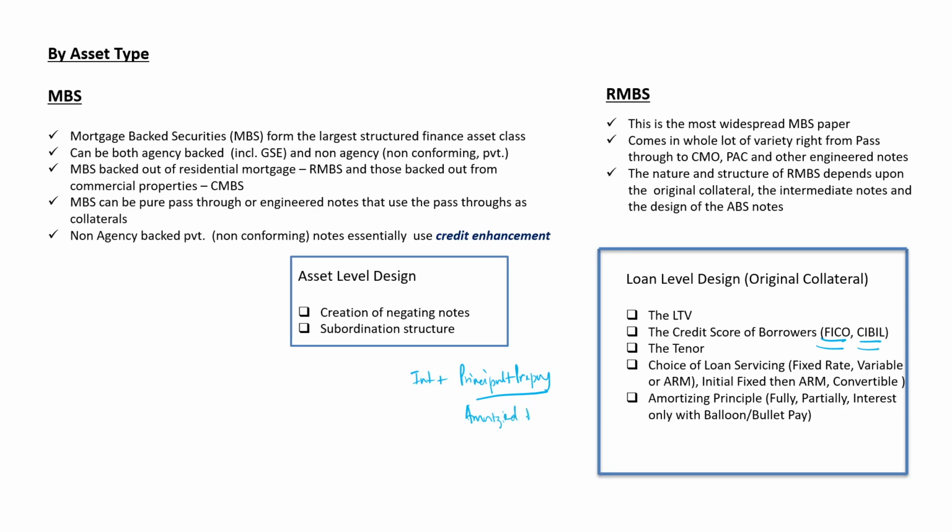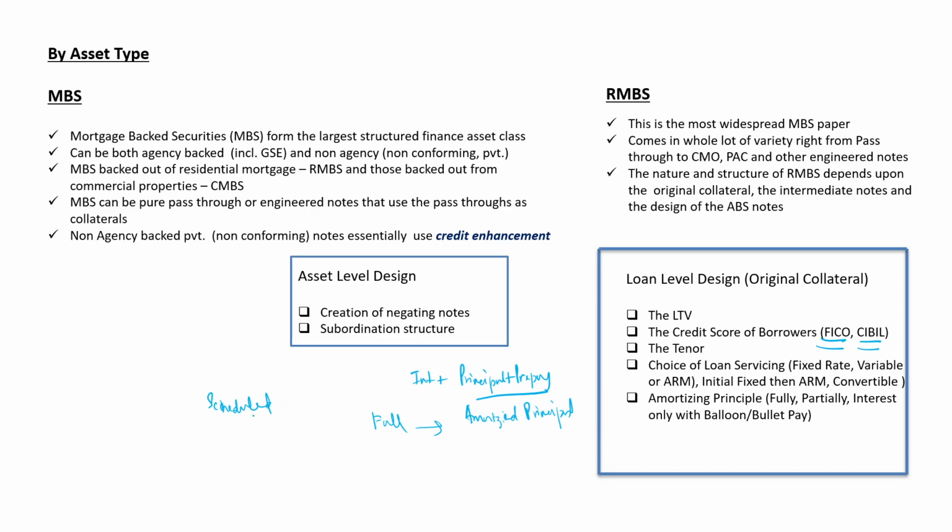Now, the amortized principal could be a fully amortized principal, that is, every payment from the borrower's end will have some portion of the scheduled principal. Along with that, at the discretion of the borrower, he or she may decide to part pay some portion of the outstanding principal.